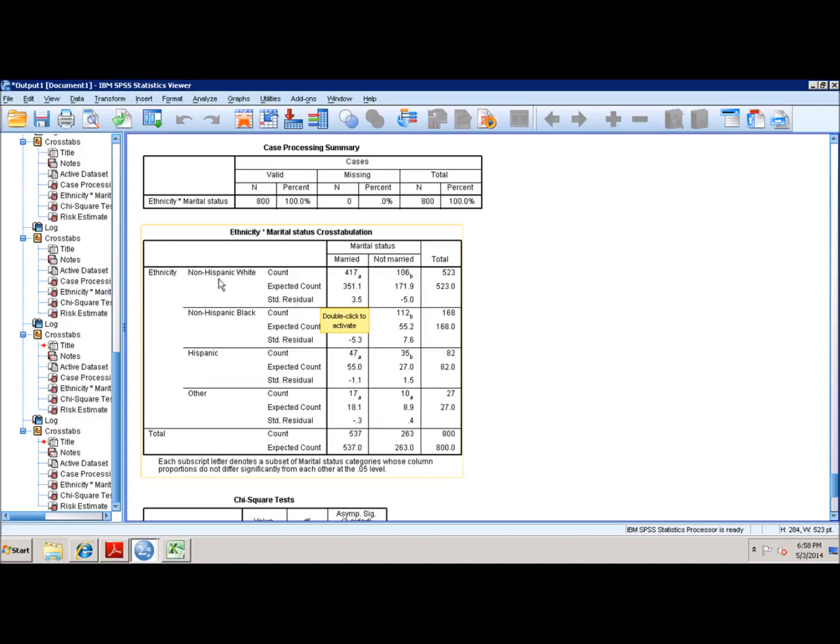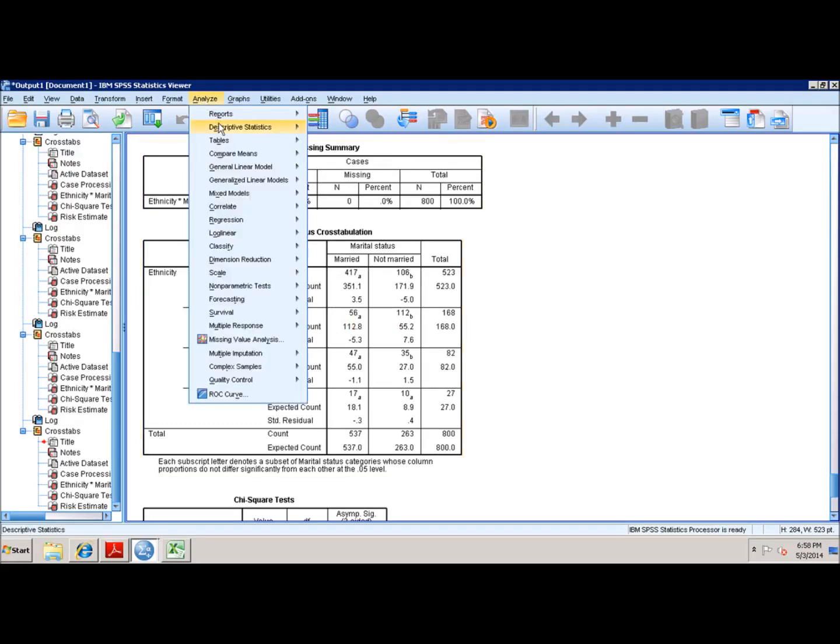Right? It's comparing the proportion of non-Hispanic white in married versus not married. Do we want to do that? No, we want to compare the ethnic groups to one another, and the outcome we want is married. So we want to switch this table. So let's switch the rows and columns here.